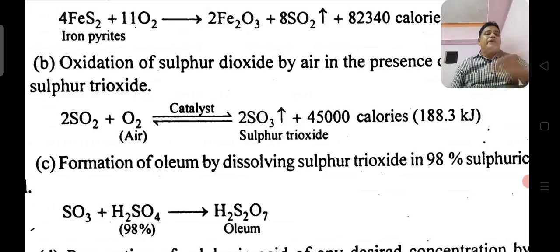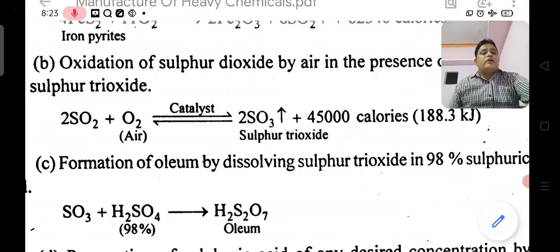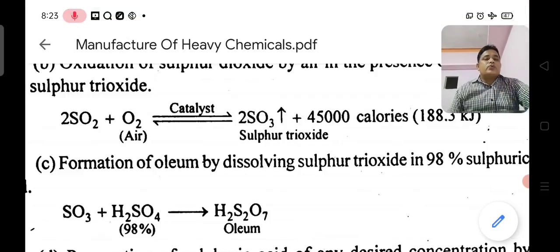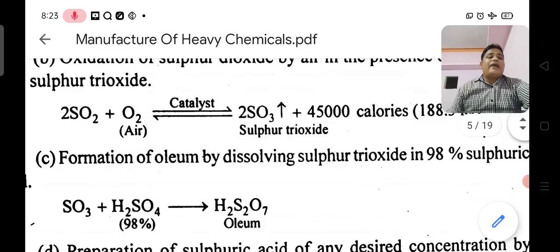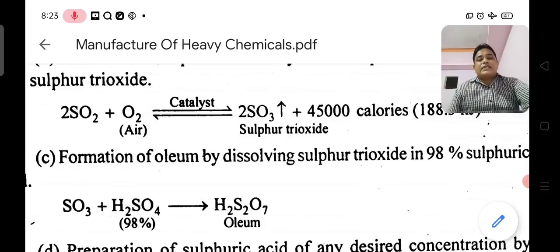If we apply the law of mass action to the reaction twice SO2 plus O2 reversible equal to twice SO3, the equilibrium constant Kc is equal to concentration of SO3 raised to 2 upon concentration of SO2 raised to 2 into concentration of O2. So it is evident that a high concentration of reacting gases favors a high yield of SO3.